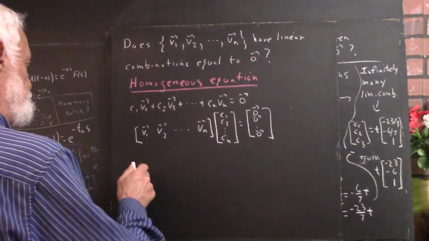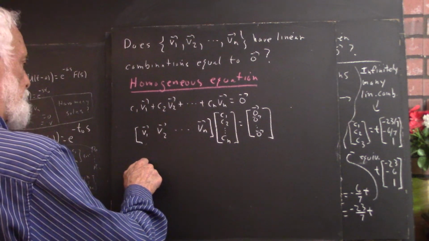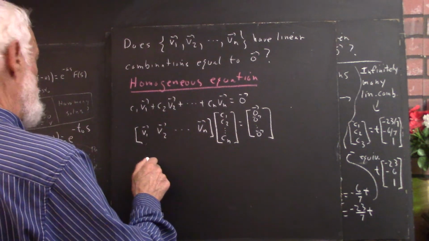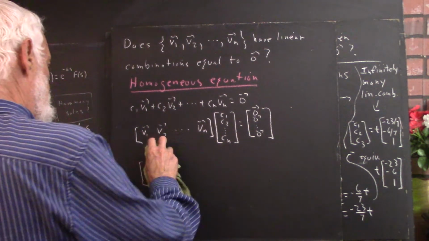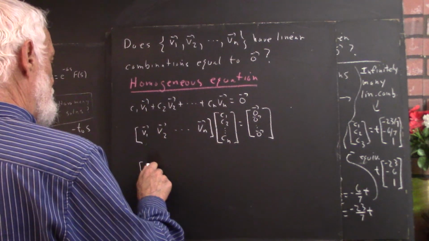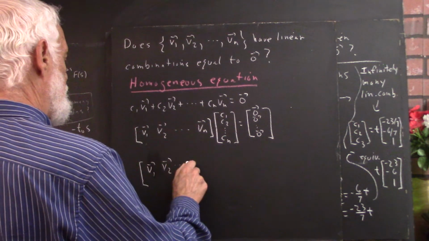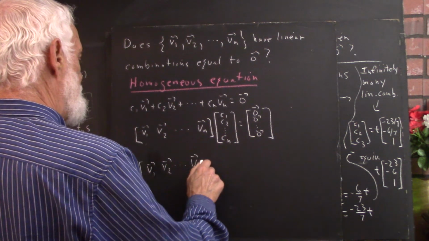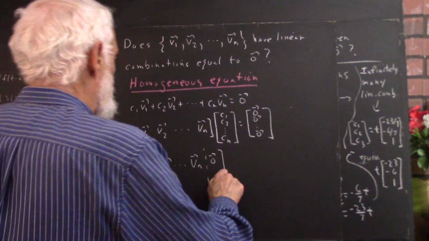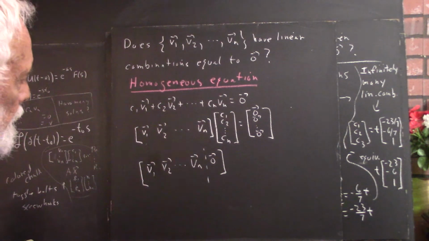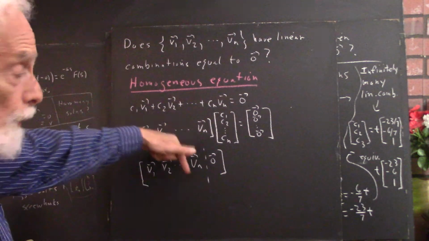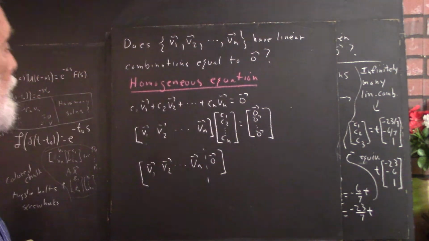And it can be then expressed more compactly as this, where the 0 vector is the same dimension as your vectors here, same length.